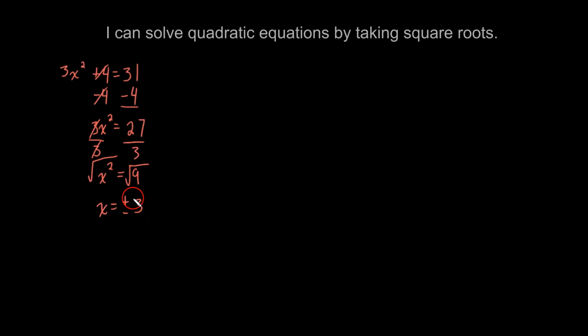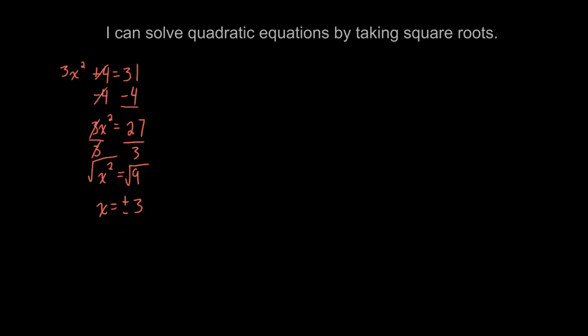Because let's think, if we were to plug our positive 3 right here, 3 squared would be 9 times 3, 27, plus 4 would be 31. Or if we substitute negative 3 in, negative 3 squared, that'd be negative 3 times negative 3. Negative times negative would be a positive still, so that'd be 9 times 3 is 27 plus 4 equals 31. So x is equal to plus or minus, or positive and negative 3.